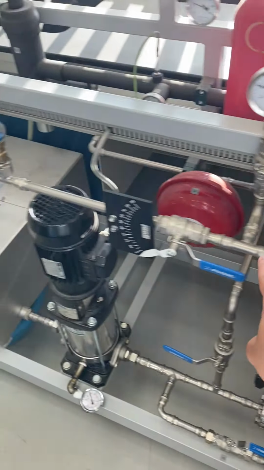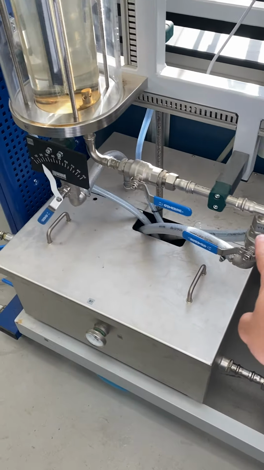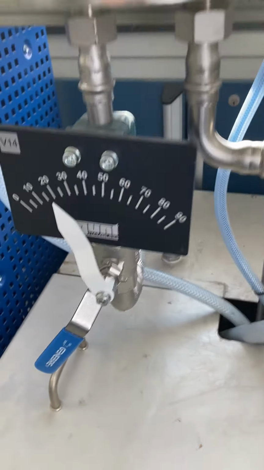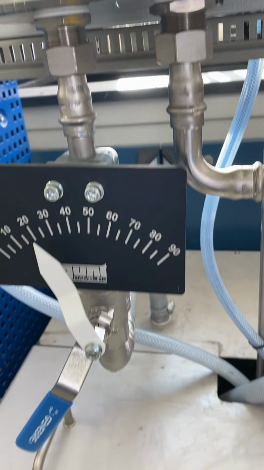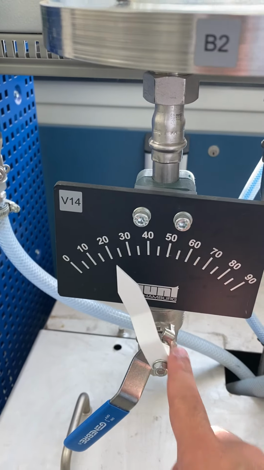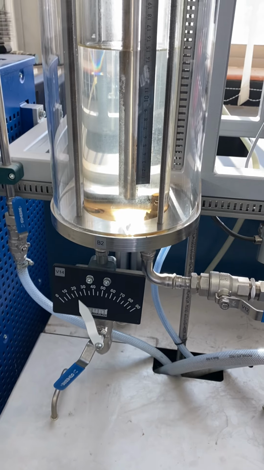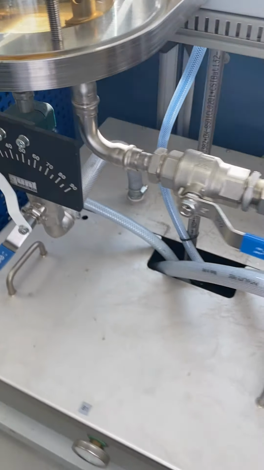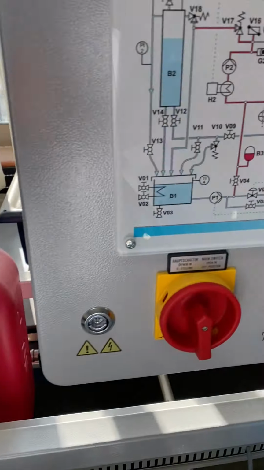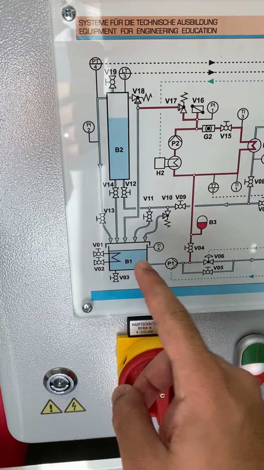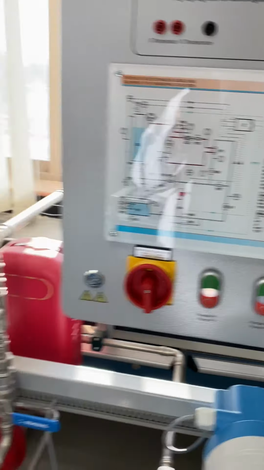So as you can see right now, this is the inlet flow piping to the tank, and we have the outlet flow through this piping system, where valve number 14 is partially open, and from there the water flows back again, as you can see here. Water flows back again to tank B1.